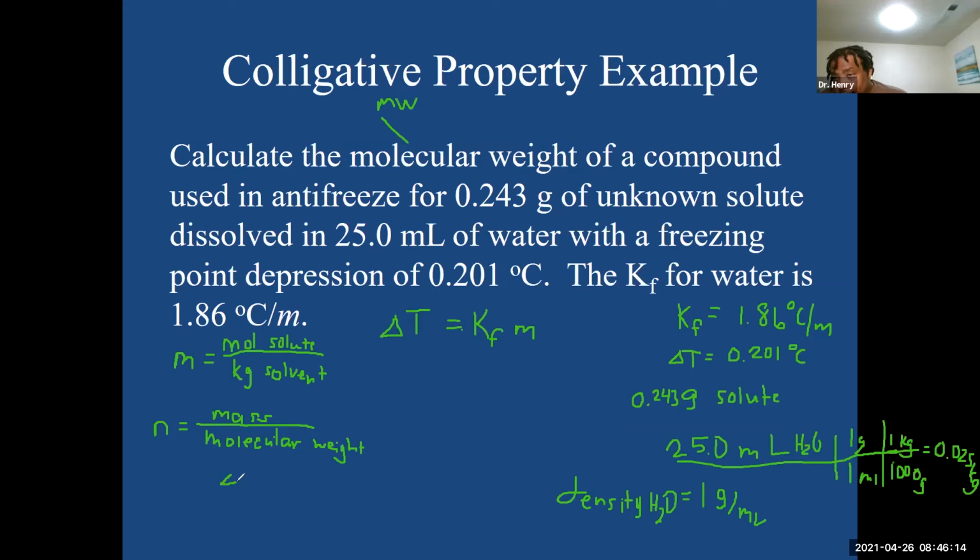So I'll get my delta T divided by Kf equals molality, which is going to be equal to mass over molecular weight, and that's all going to be under my kg of solvent.